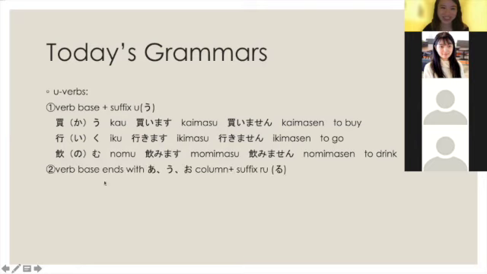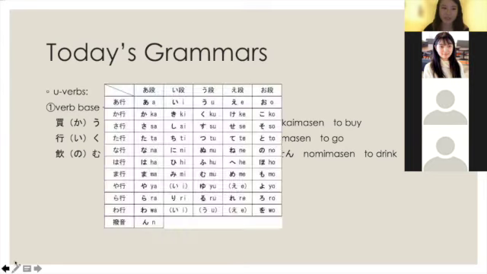Then some verbs end with ru, but they are still u-verbs. How come? It's because when you remove the ru, the verb base ends with a, u, or o. So let's look at the chart again. For example, wakaru.